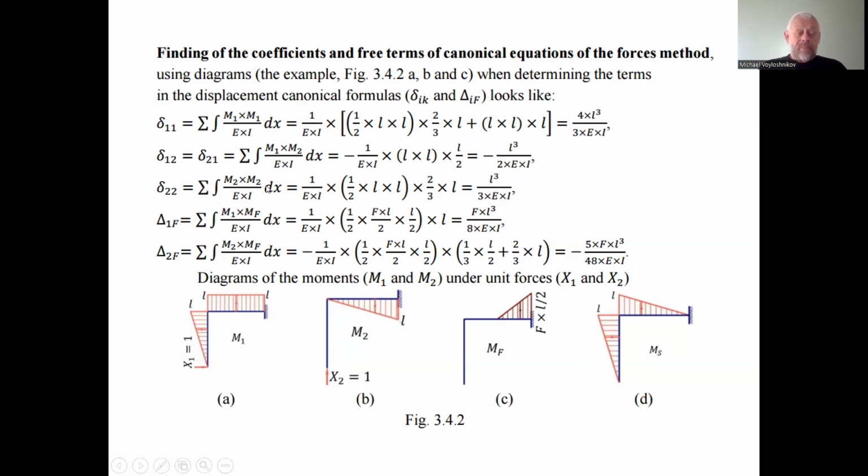So for each leg we have an integral, and the integrand is a fraction whose denominator is the rigidity of each of the segments of the frame.